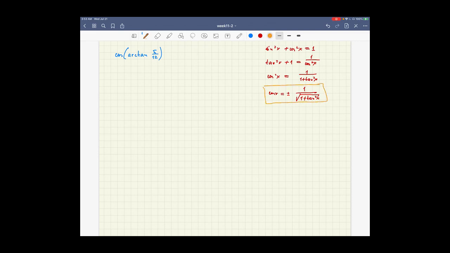If instead of x, you write arctangent of 5 over 12, that will be plus minus 1 over square root of 1 plus tangent squared of arctangent 5 over 12.